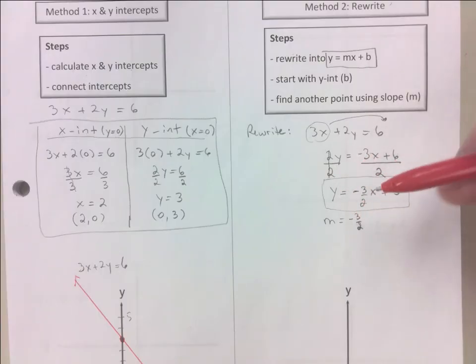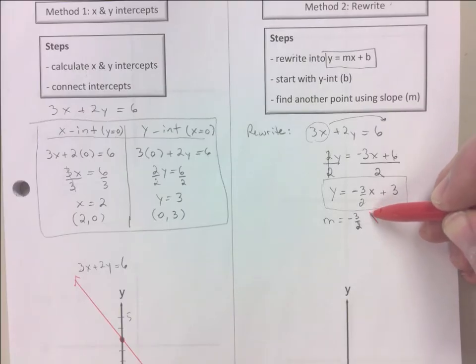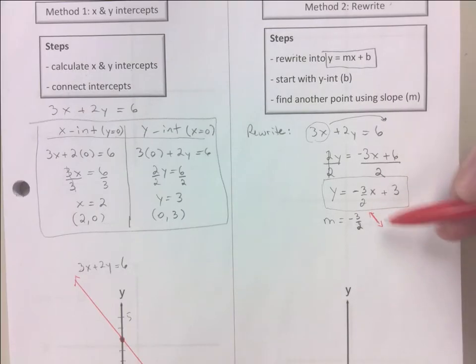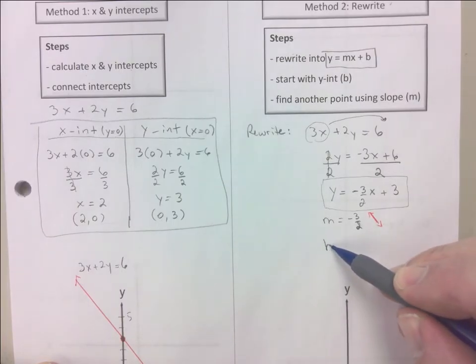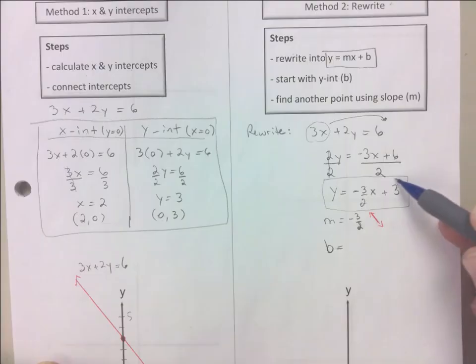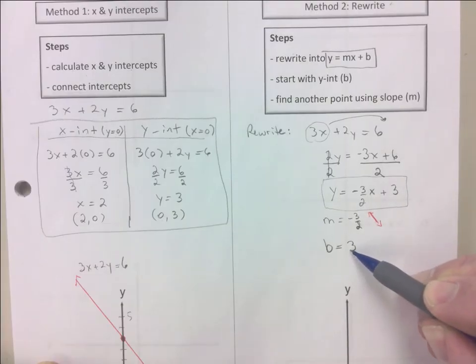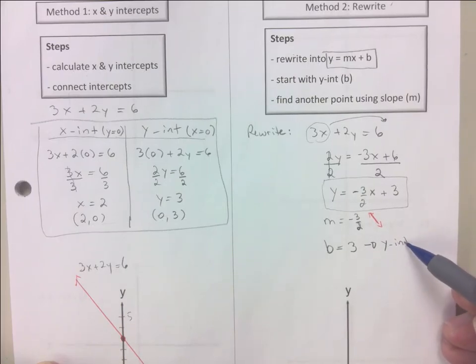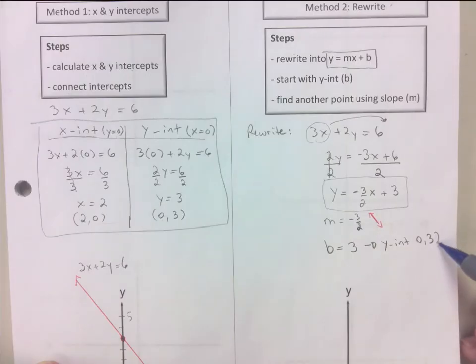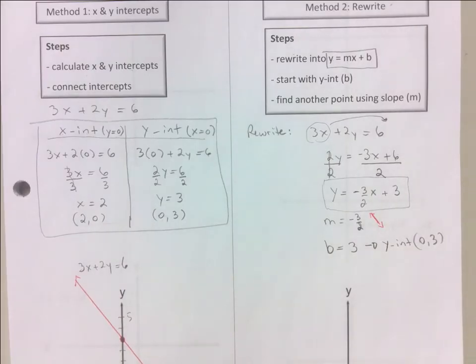The slope is negative, so you're expecting your line to be diagonal and to drop from left to right. I want you to know that, okay? You need to expect something like this from that. And then our b is this latter part here, which is 3. That tells us that the y-intercept is 0, 3. Okay? Immediately from that, you can derive that.